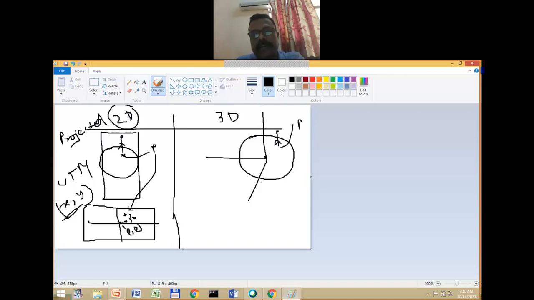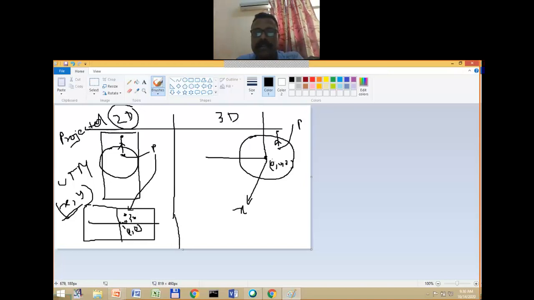This is my 0, 0, 0 point. In order to define your location here, we normally use degrees: how much degree you have to come from this axis, this is my x-axis, along the x-axis, around this much.